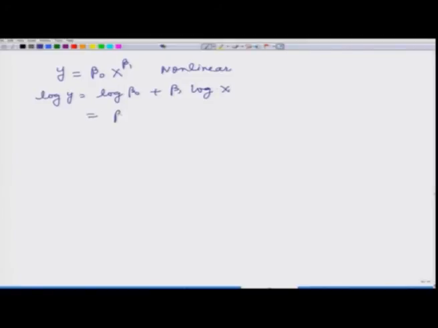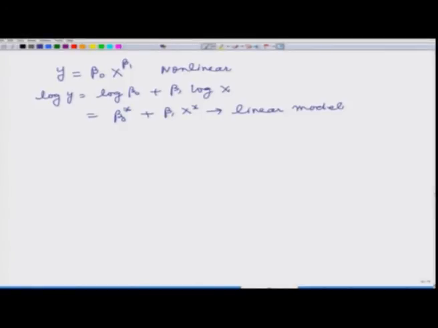I can write this as beta 0 star, and this as x star. So although this is essentially a non-linear model, now it becomes a linear model.